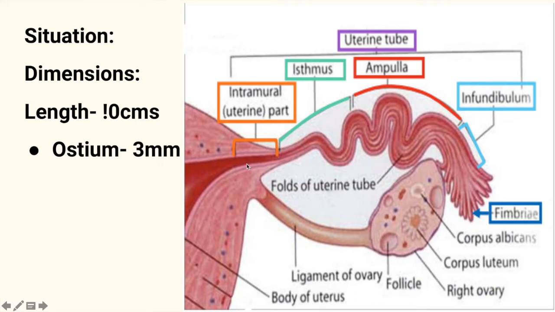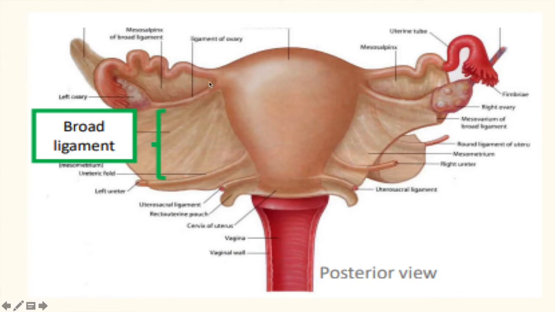This fallopian tube and uterus both are covered by a peritoneal fold that is known as the broad ligament. You can see in this picture, this is from the posterior view. The center brown colored part is the peritoneal fold which covers the uterus and the fallopian tube. But the lateral part of this fallopian tube projects beyond the broad ligament.